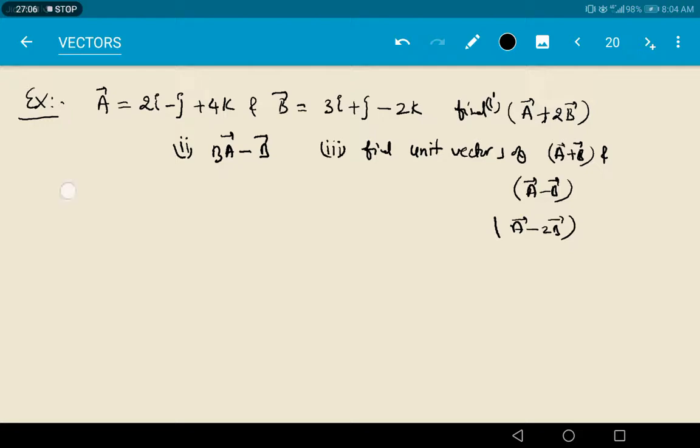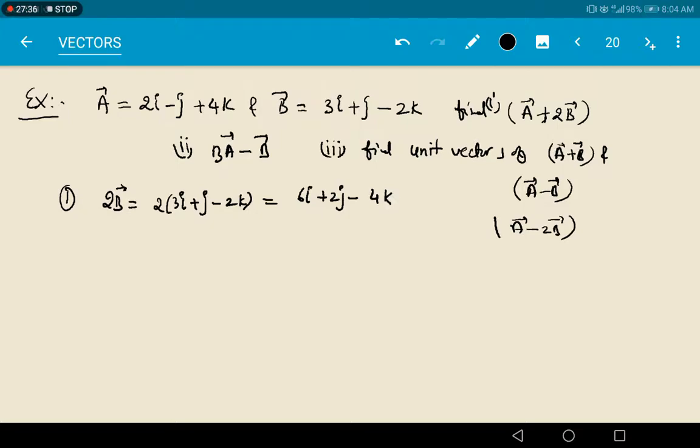So here, first one, a bar is given. A bar is no issue, but we don't know the value of 2b bar. So first to find out 2b bar, as I just told you, if a vector is multiplied by a number, its magnitude increases by that many times. 2 times of 3i plus j minus 2k, so 6i plus 2j minus 4k.